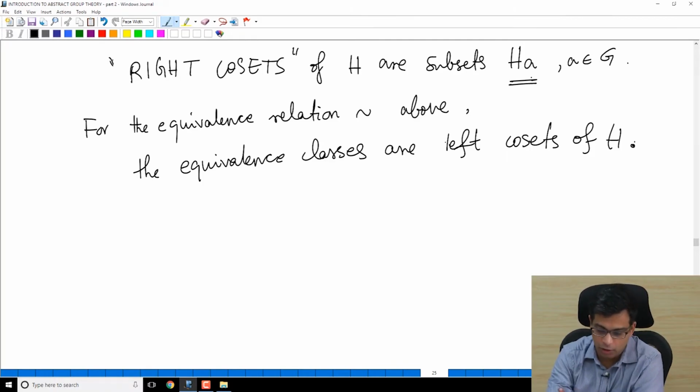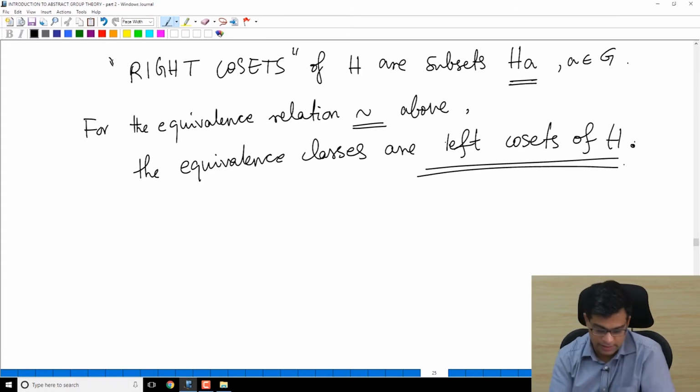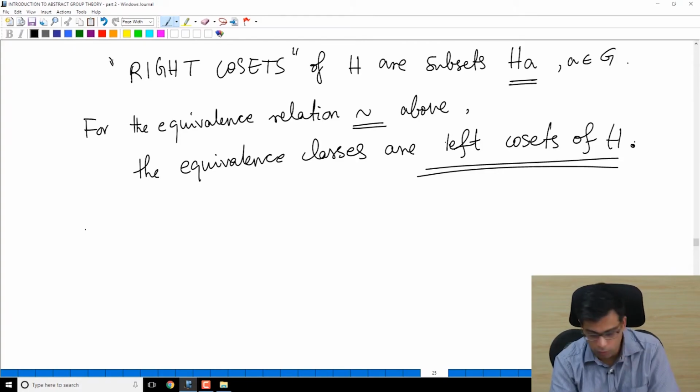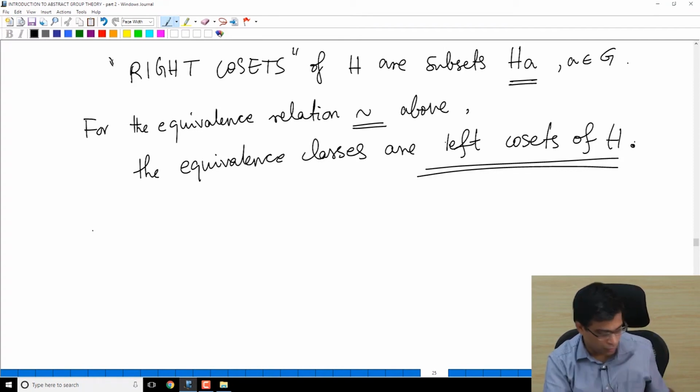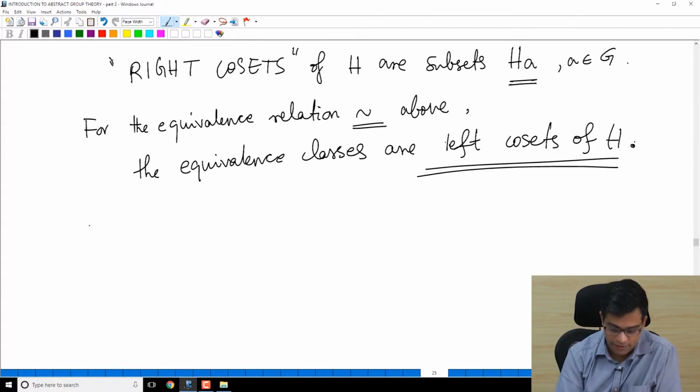So now coming back to the equivalence relation that we are discussing, for that equivalence relation, the left cosets are the equivalence classes. Now I want to do an important theorem. This is the first important theorem really of the course, and in order to prove that, let me observe the following. We have noticed two facts.